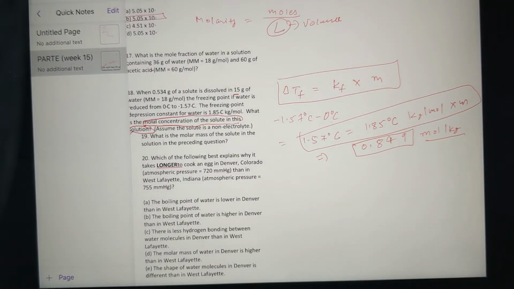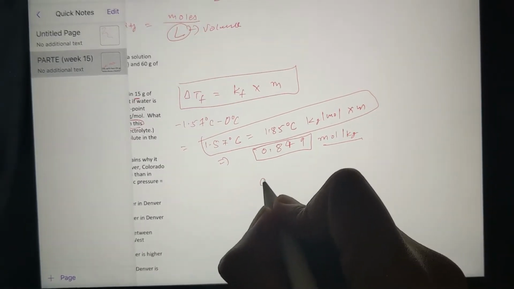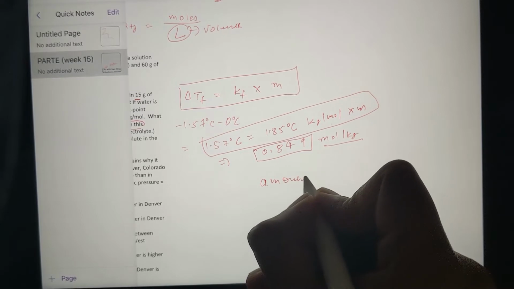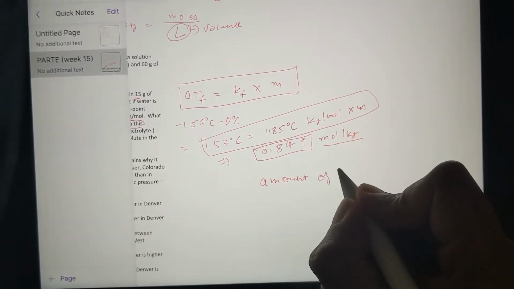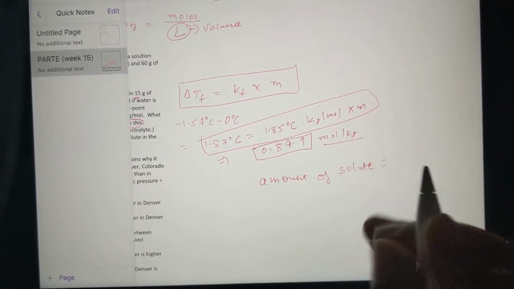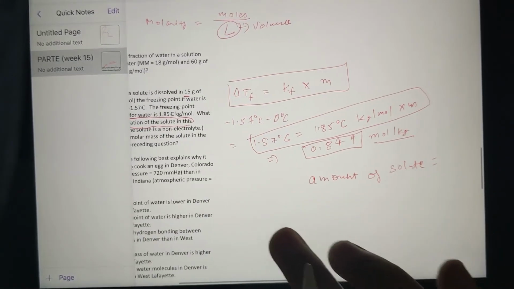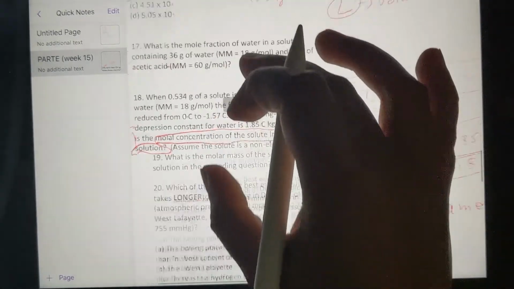To do that, first we have to find out the amount of solute. So we have to multiply it by the amount of solvent you have.